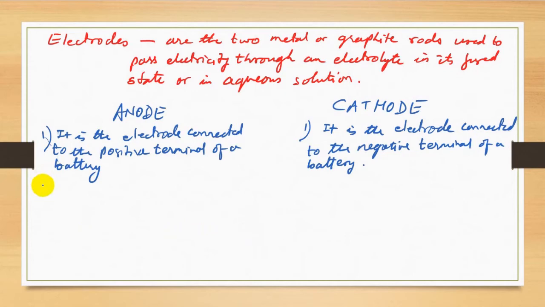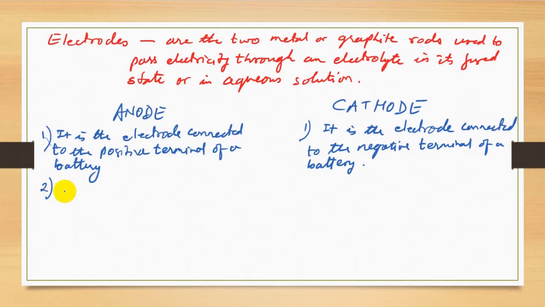Now, current flows. You have already studied in physics. These charges are due to the presence of electrons. If a substance has lots of electrons, it becomes negative, and if it has less number of electrons, it becomes positive, isn't it? So here anode is positive and cathode is negative. That means anode has less number of electrons, whereas cathode will have lots of electrons.